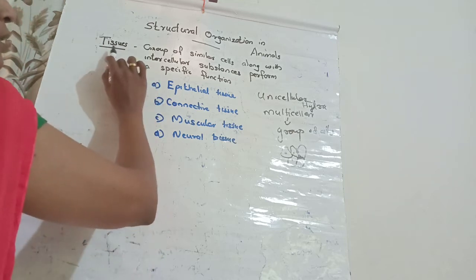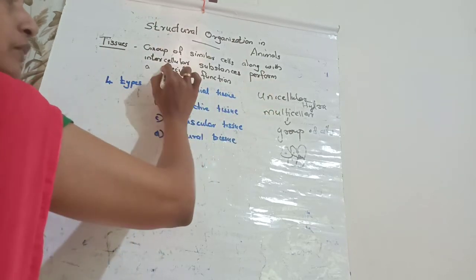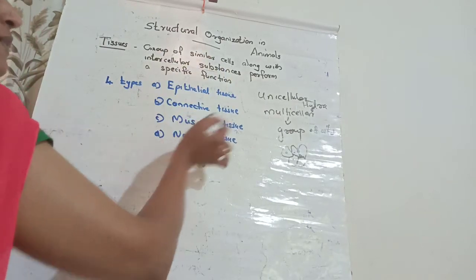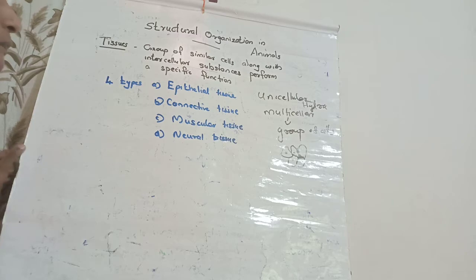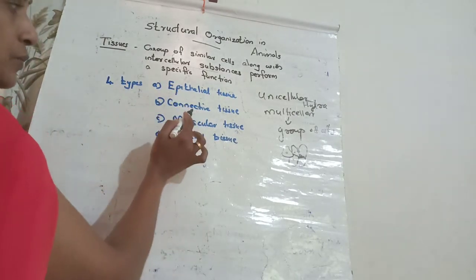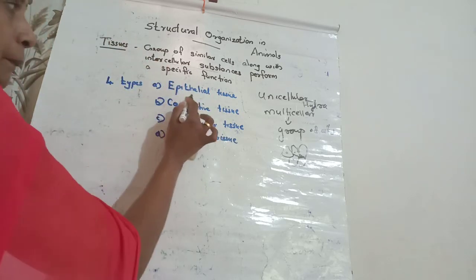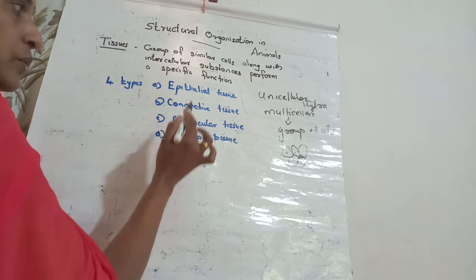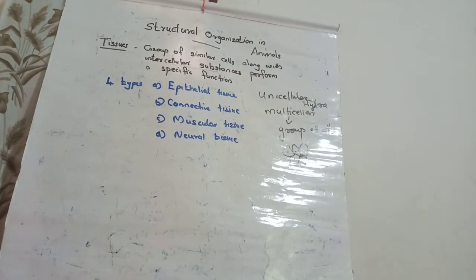So what is a tissue? Tissues are groups of similar cells along with the intracellular substances, and they perform a specific function. There are mainly 4 types of tissues: epithelial tissue, connective tissue, muscular tissue, and neural tissue.